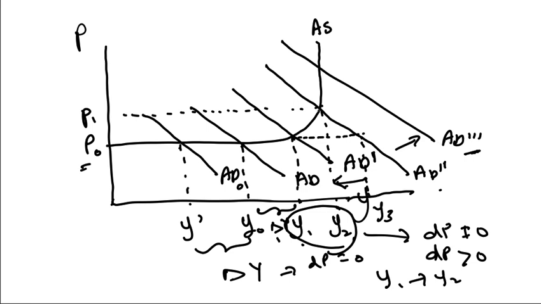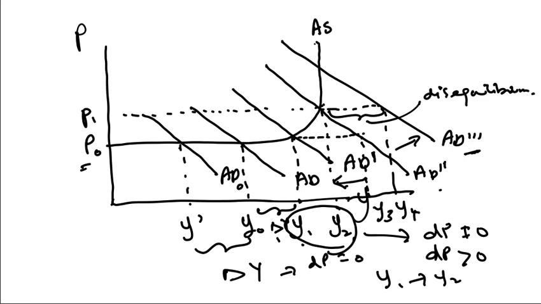Current price before the change is P1. If we fix price at P1, output can be expanded to, let's say, Y4. However, you can see clearly here this equilibrium. So the price has to adjust.